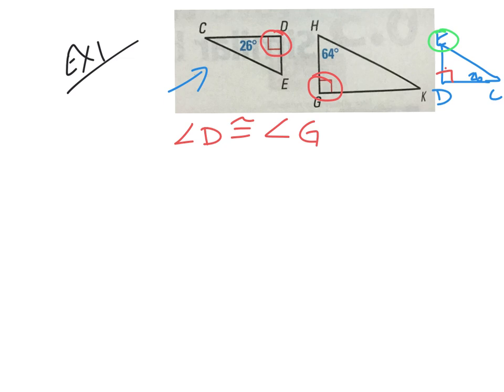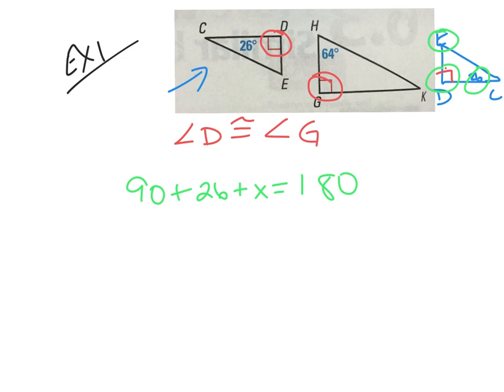Do you remember all the angles in a triangle add up? Do you know what they add up to? 180. Yes, 180. So if I know this one's 90, I can say 90 plus, and I know this one's 26, and then plus, let's just call it X, it doesn't really matter. I can solve for that missing angle, right?